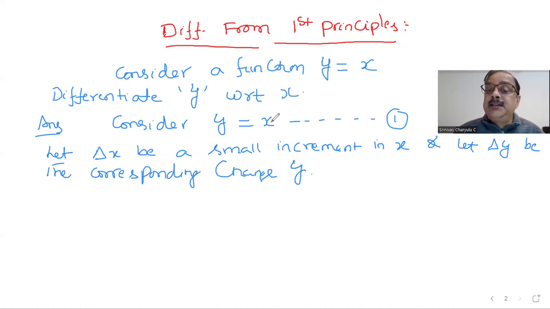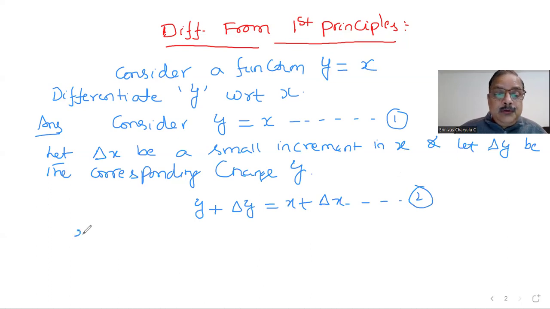So now you increase this x to x plus delta x. Then y also will change because y is depending on x. So y also will become y plus delta y. So I will write here, therefore, from the above statement, y plus delta y is equal to x plus delta x. Second equation.